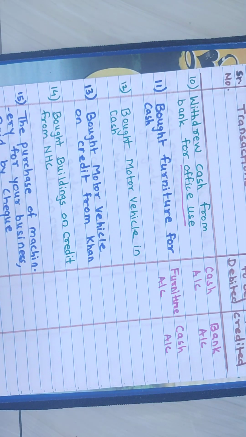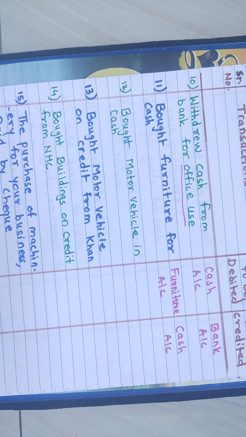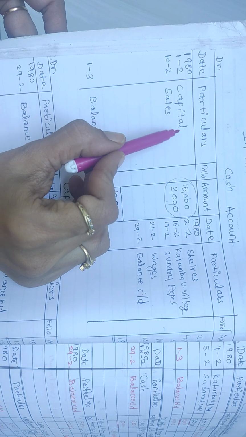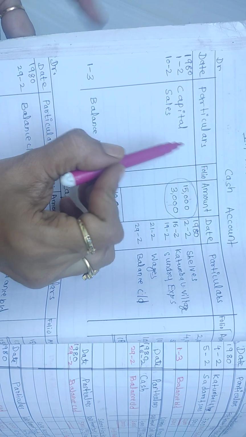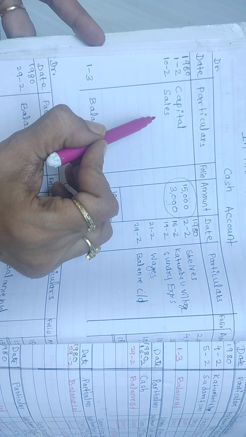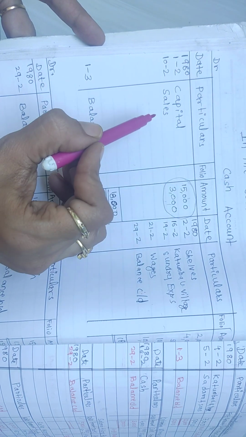So while posting entry in the ledger account, what we do? We are writing this transaction in the cash account credit side. So if you remember student, last time when I explained ledger account, whenever cash comes into the business through capital also, we are writing in the cash account debit side. When there is a cash sale, we are writing in the cash account debit side.